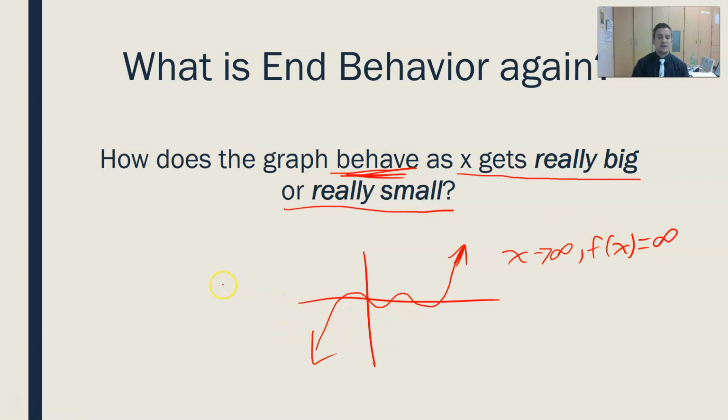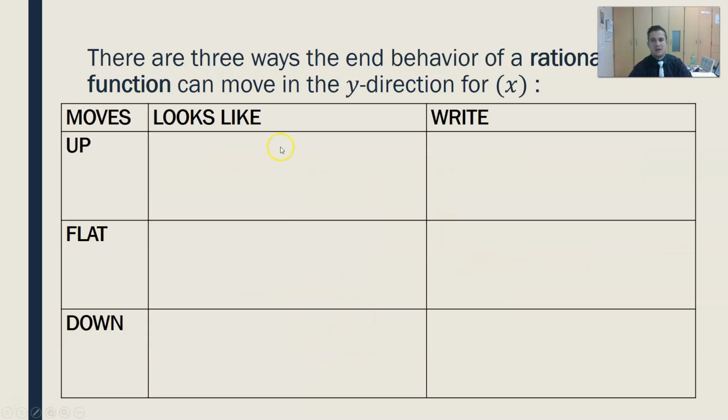In the other direction, as x went to negative infinity, or to the left forever, f of x, or y, was going to negative infinity because it was going down forever. So that's what end behavior means. As I'm going forever to the right or forever to the left, what's happening to the graph? Where is it going? What is it doing?